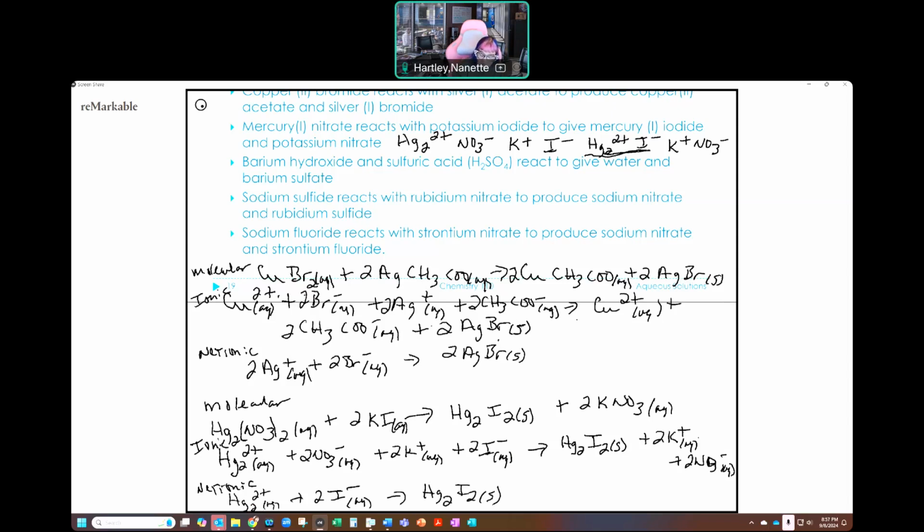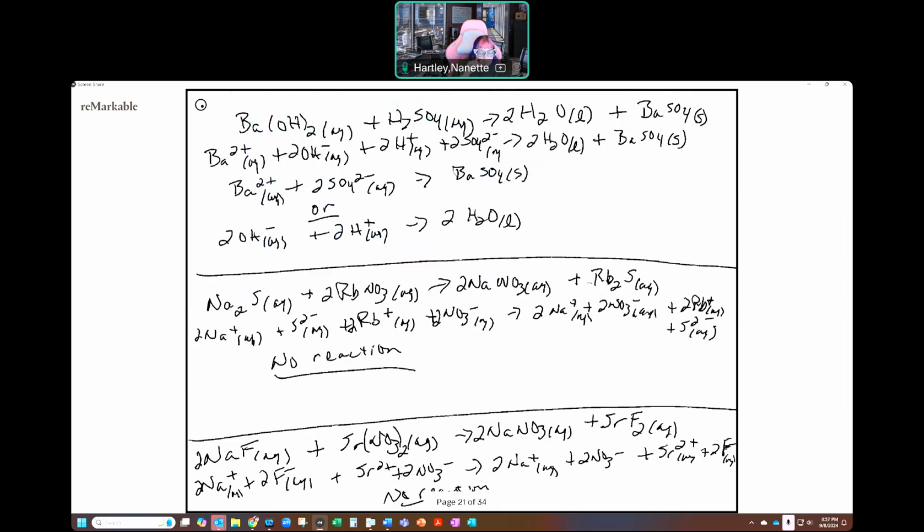Now, I'm going to flip over and give you some answers for the other 3. So this is barium hydroxide plus H2SO4. Both of those are aqueous, going to water as a liquid and BaSO4 as a solid. So Ba2+ plus 2OH minus plus 2H plus plus SO4 2 minus going to 2H2O liquid plus BaSO4 solid.